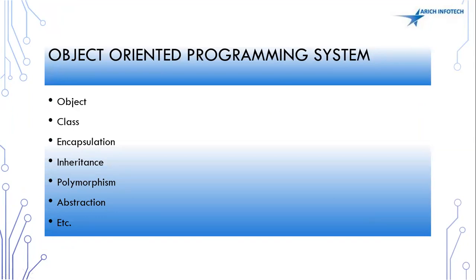If you want to handle, to manage these objects, we have a system called the object-oriented programming system. This system provides us multiple concepts like object, class, encapsulation, inheritance, polymorphism, abstraction, etc. We will learn these concepts one by one. On the basis of these concepts, we can categorize all object-oriented programming languages.